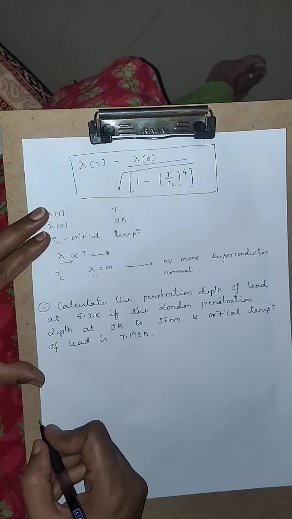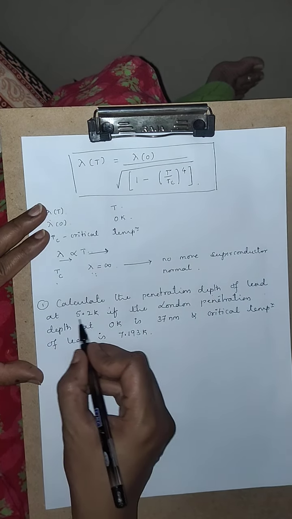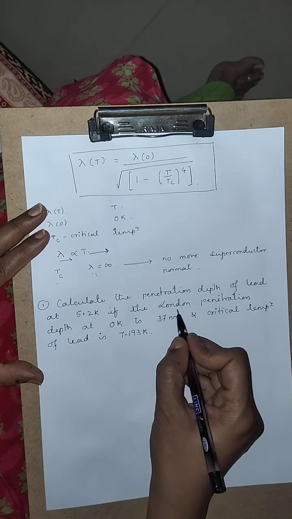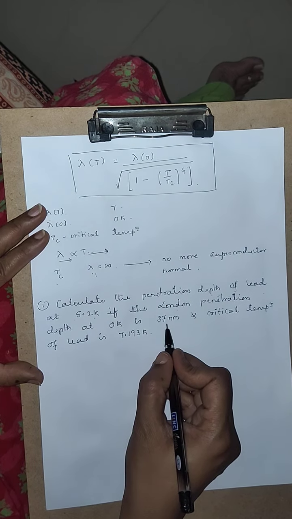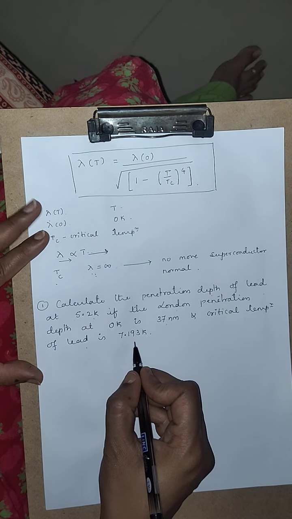Let's look into this problem. We need to calculate the penetration depth of lead at 5.2 Kelvin, if the London penetration depth at 0 is 37 nanometer and the critical temperature of lead is 7.193.